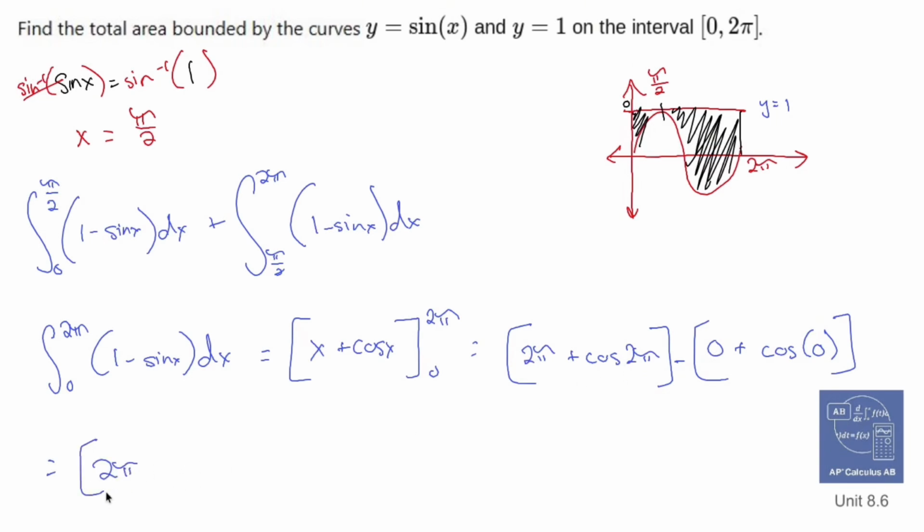Cos 2 pi is going to be 1, so plus 1, minus 0 is 0, so get rid of it. Cos 0 is also 1. So this gets us 2 pi plus 1 minus 1, which is 2 pi. And that's how we do it.